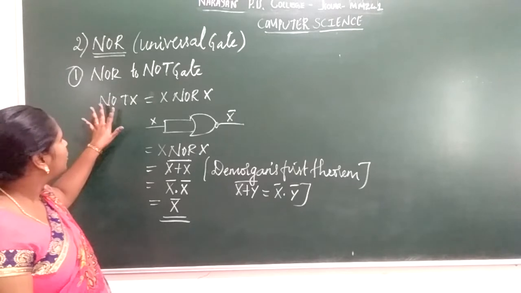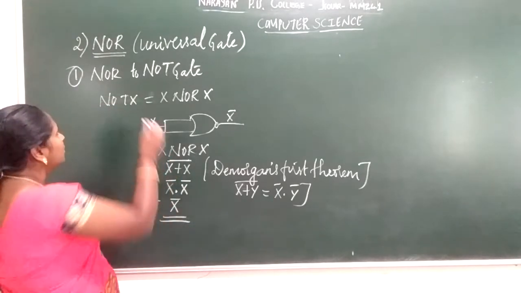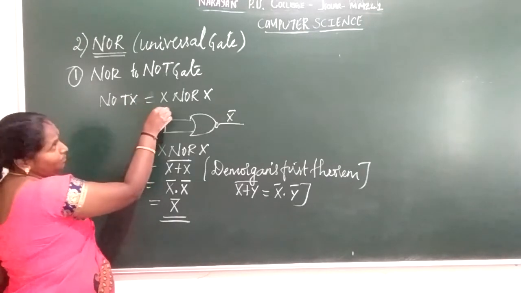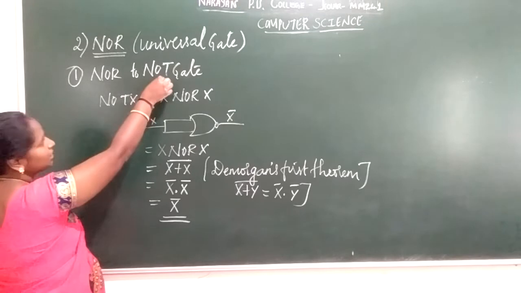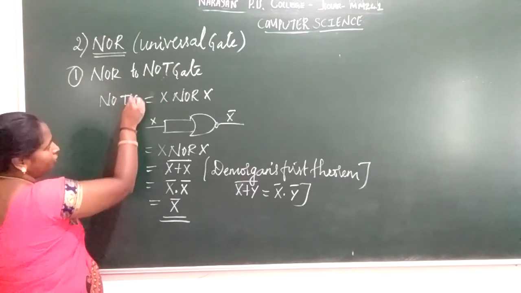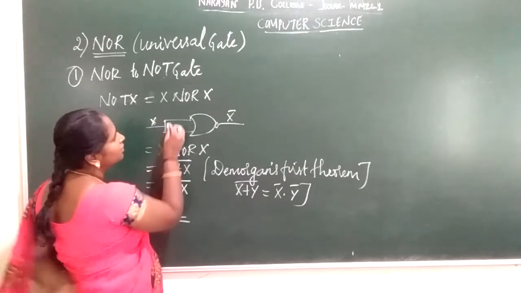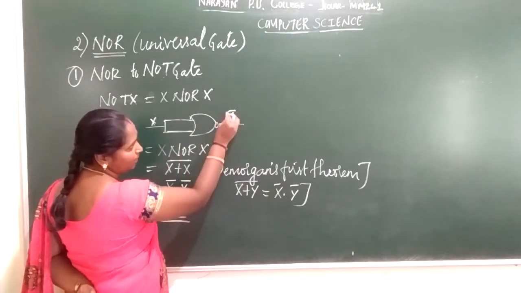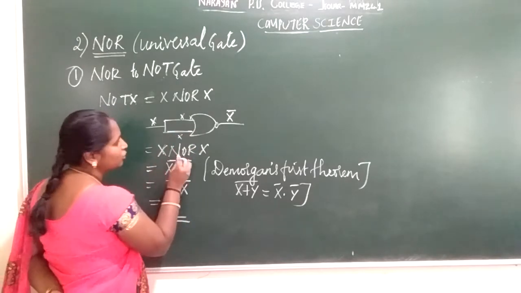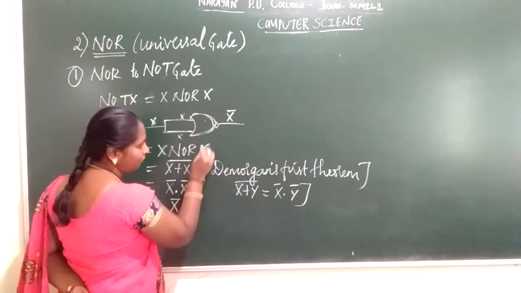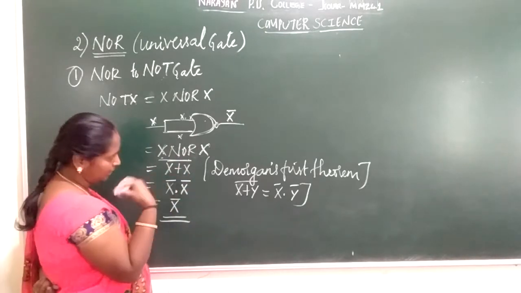I have converted NOT of x, which is nothing but x bar. So a universal gate can implement a basic gate like the NOT gate. In NOT using NOR gate, I have taken NOT of x equals x NOR of x. So x is my input, and the complementation should be x bar. I have taken x NOR of another x, represented in the form of symbols.